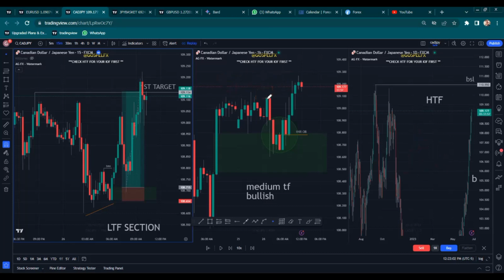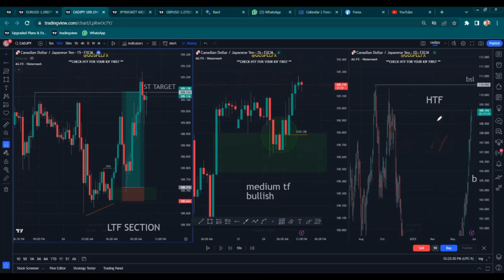And your lower time frame, which is your confirmation time frame for your entries, will be your 1 minute and then your 3 minute time frame. So 1 minute and 3 minute for the lower time frame section, 5 minutes and 15 minutes for your medium time frame section, and on your higher time frame, you can have 1 hour and then the 4 hour.